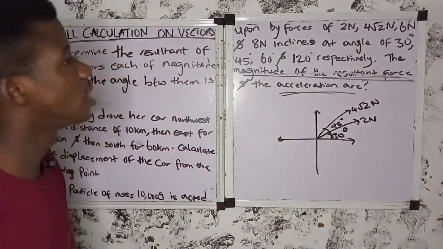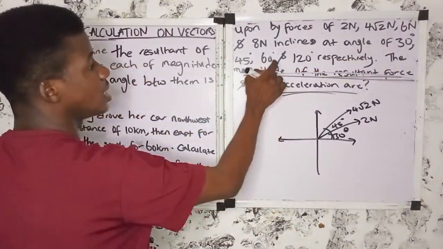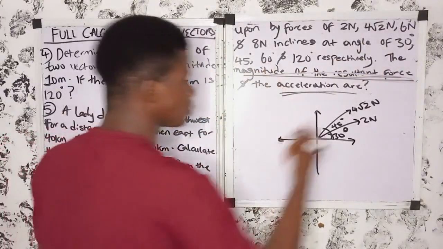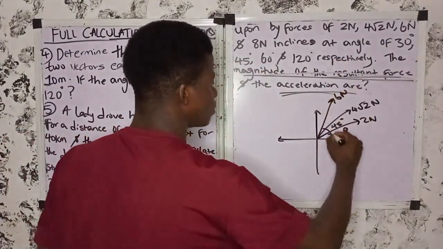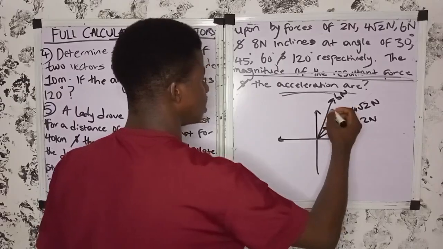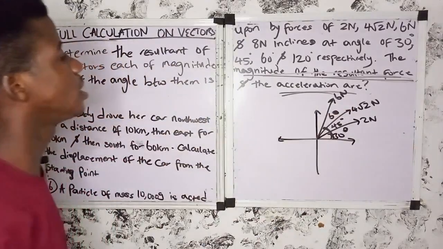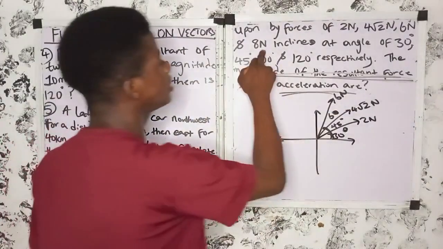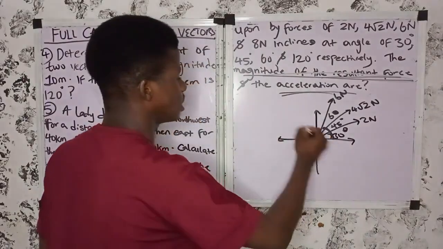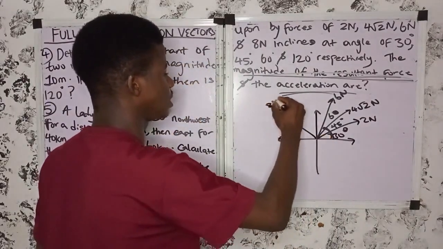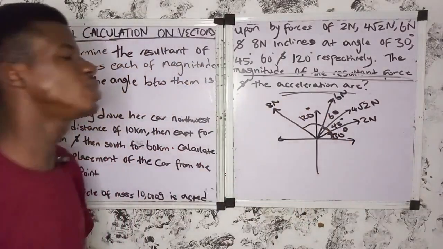Then 6 Newton is inclined at 60 degree, so it's still here, from here to here inclined at 60 degree. Then the last one, 8 Newton, inclined at 120 degrees, from here to here. Okay, so what are we looking for?